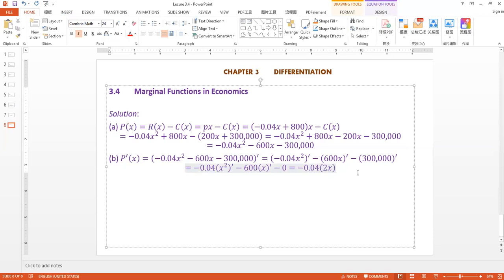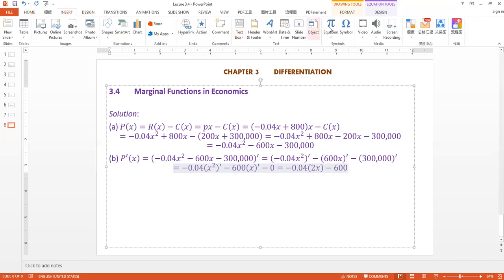The derivative of x to the n is just n times x to the n minus 1, where n here is 2. So the derivative of x squared is just 2 times x to 2 minus 1. So 2 minus 1 is just 1. So that's 2x to the 1, but x to 1 is just x. So we got 2x from the first term, and the derivative of x is just 1, as we know.